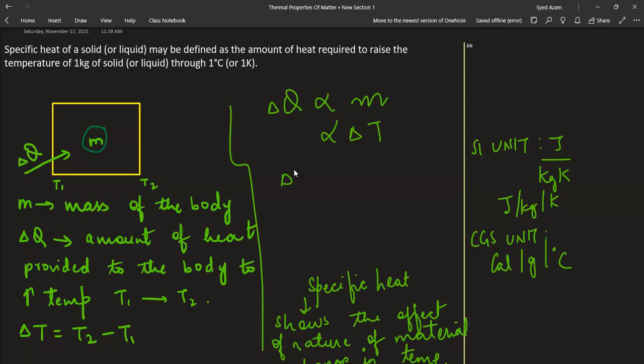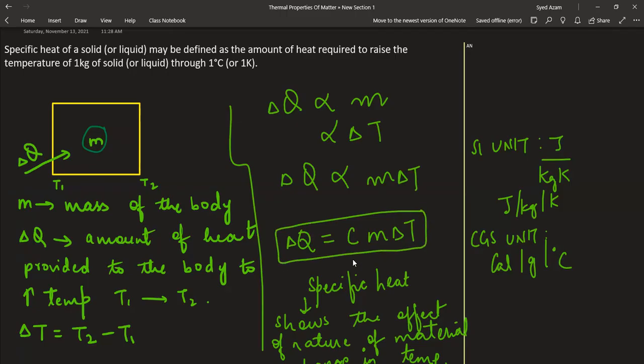Now, if you combine all this, delta Q is proportional to m delta T. When you remove the proportionality sign, a constant comes in, which is this C, and then the rest of it, m delta T. Now, this constant, Aleena, is called the specific heat.